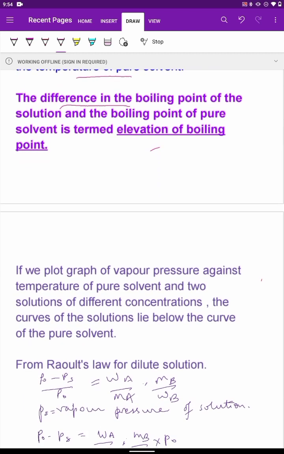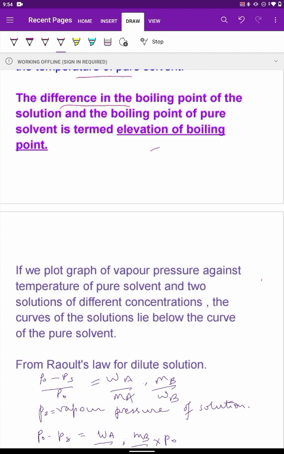And if we plot a graph of vapor pressure against temperature, we take vapor pressure on one axis and temperature on the other. We plot a graph for a pure solvent, and also graphs for two solutions of solvent and a non-volatile solute, varying the concentrations.